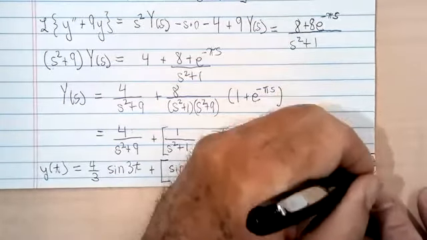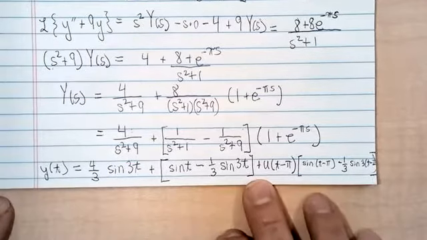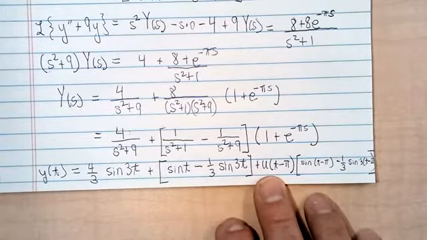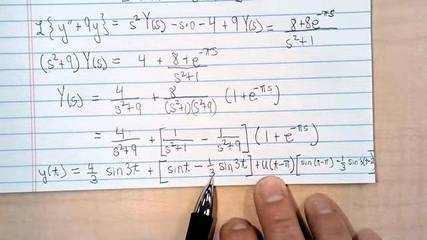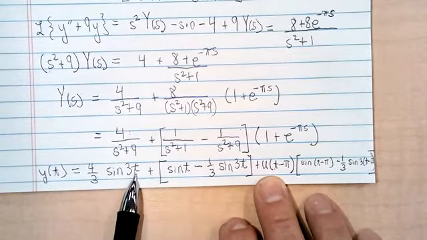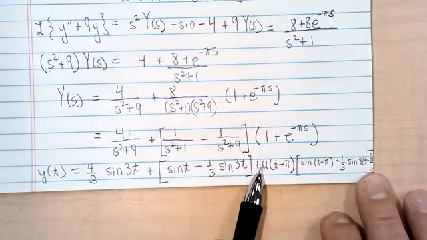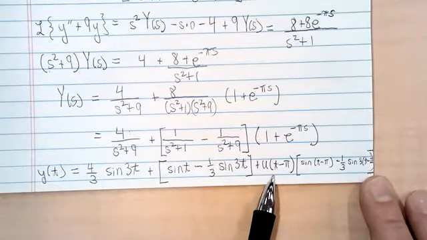And then there should be a bracket which won't fit. And you might notice 4/3 minus 1/3 is just 1. So this is sine of 3t plus sine of t plus that function with the unit step function on it.